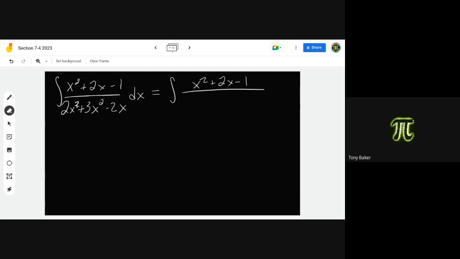So we're going to take out an x, and we're left with 2x squared plus 3x minus 2. That's where we're pulling out the x. So this is going to become 2x minus 1, I think it was 2x minus 1. Yeah, and x plus 2.